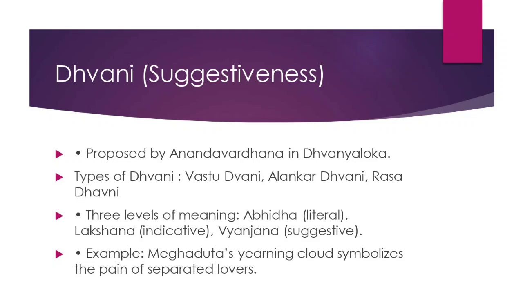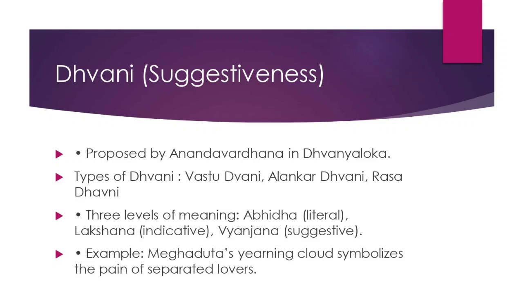According to Dhvani theory, the true beauty of literature lies in its ability to suggest or evoke emotions and ideas subtly rather than explicitly stating them. This suggestion creates a richer aesthetic experience for the reader or audience.